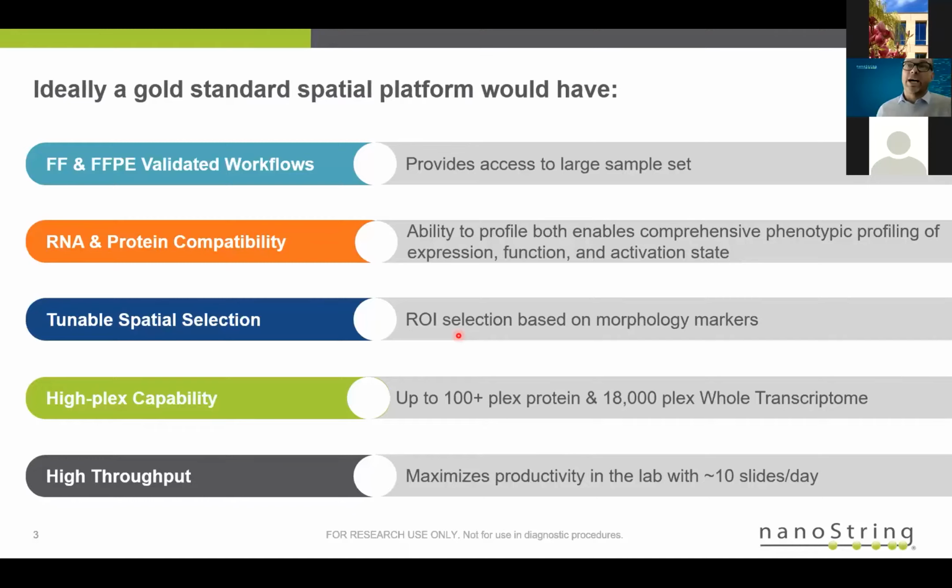We can do very high plex: 18,000 gene whole transcriptome for human, 22,000 gene whole transcriptome for mouse, and then 100+ plex protein if you want to validate that or you have translational aspirations. And then also throughput. If you've got a project that has a lot of slides, we can do a lot of slides in a day.